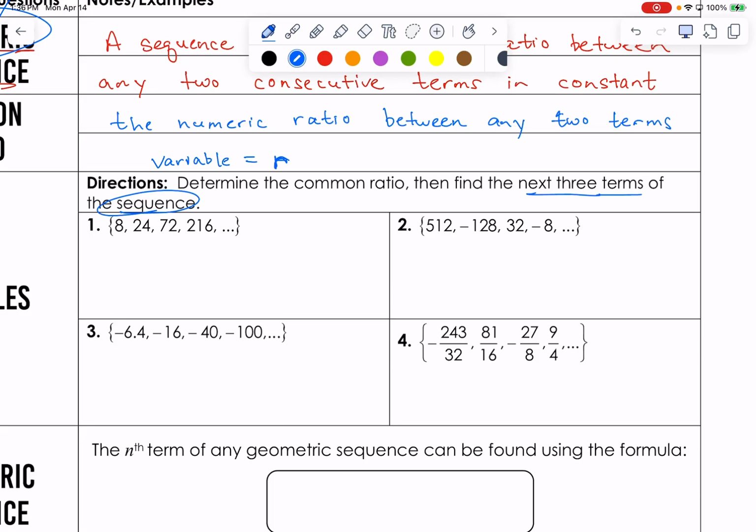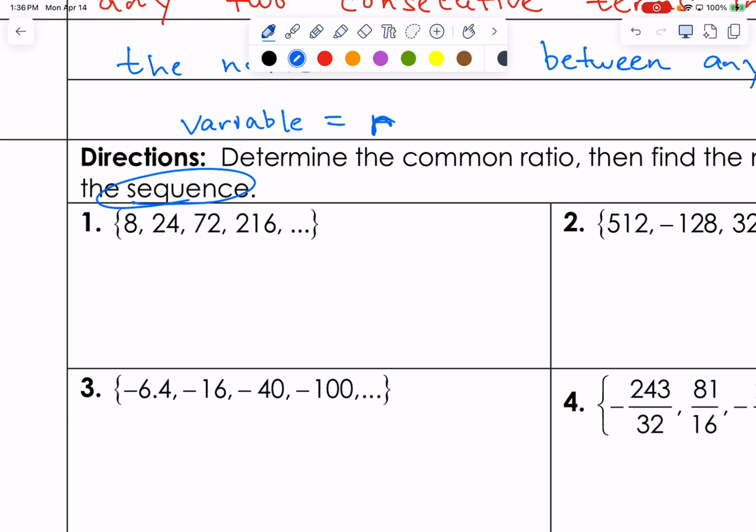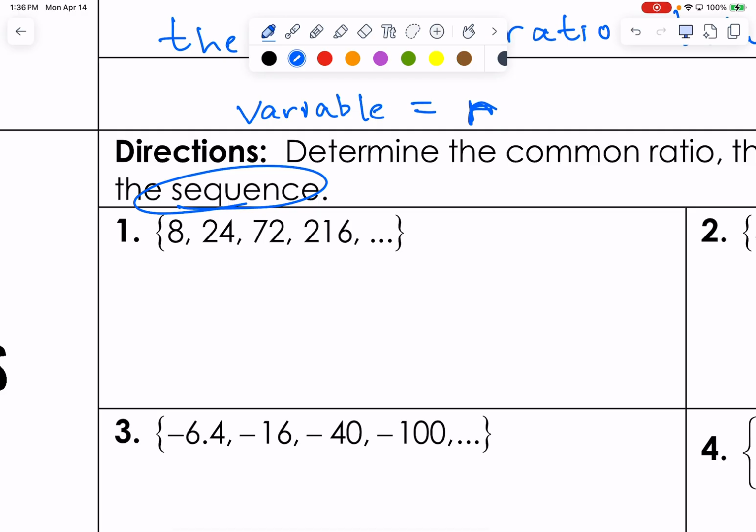What do you mean you don't times? Yeah, you times.